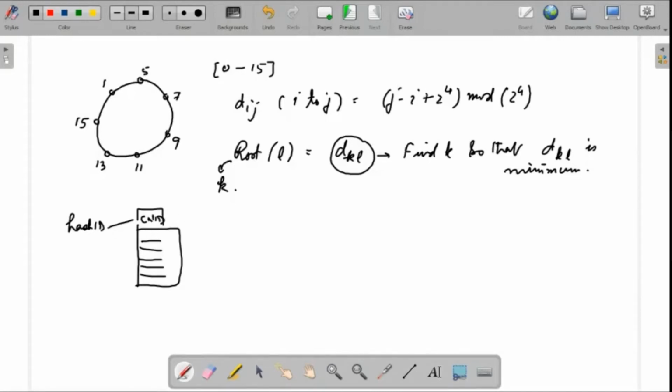We will find the distance from the current node ID and from every entry. Whichever entry gives the least distance, we will pass this query on to that guy. Once this query is received by this person, again it will do the same thing.